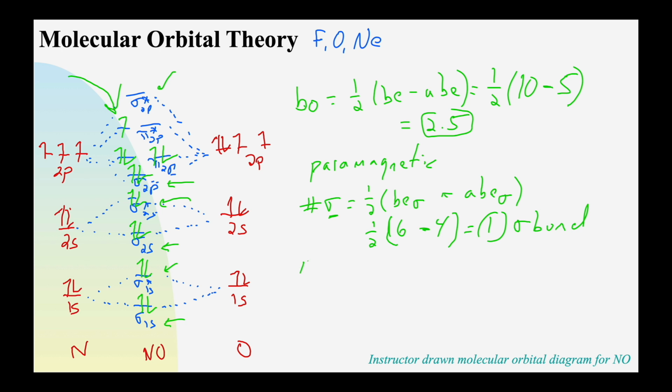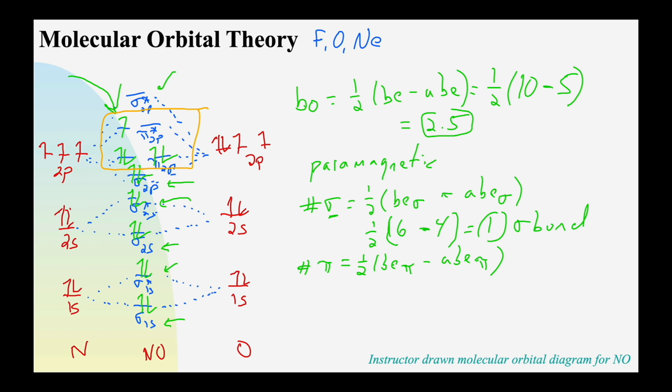You can do the same kind of process for the number of pi bonds. Number of pi bonds equals 1/2 the bonding electrons in pi minus the anti-bonding electrons in pi. So we're only going to focus now on the top ones up here, the pi 2p bonding ones and the pi star anti-bonding.